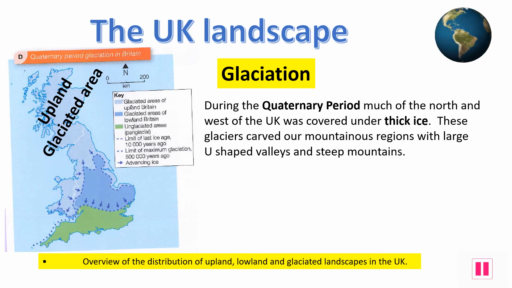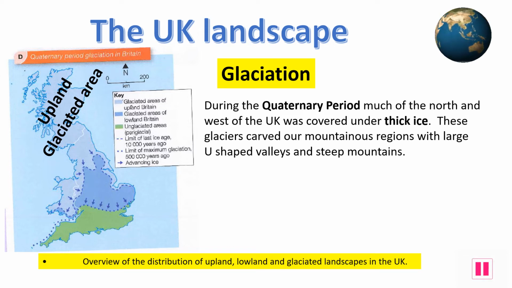On the screen we can see how the role of glaciation affected the UK landscape in the past. Glaciation is when the land was covered in thick ice. During the Quaternary period, much of the UK landscapes went through periods of glaciation. The power of the ice played a major part in shaping the landscape. The ice created large U-shaped valleys and eroded steep mountain peaks and ridges.